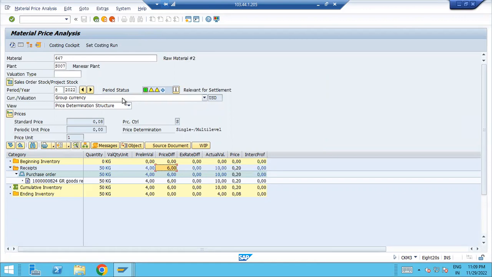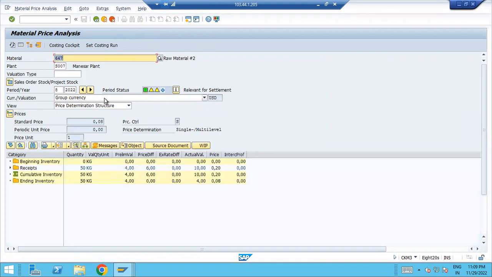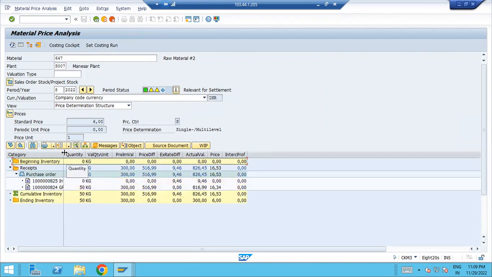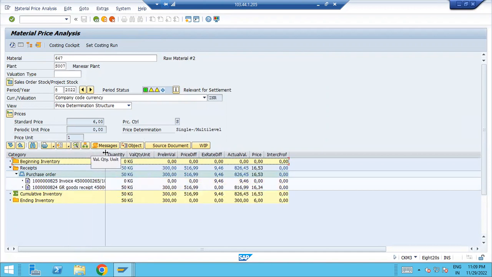So if material ledger is activated and there is any procurement, how are we going to handle the price difference? Now you can see this price difference is there. Let me refresh it. Now see here, we captured two differences.